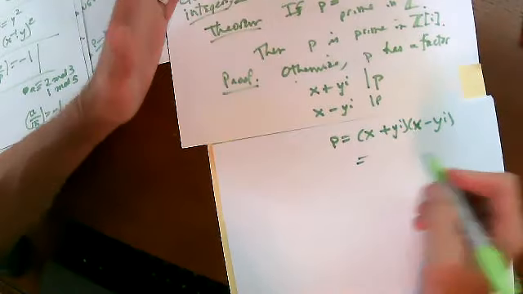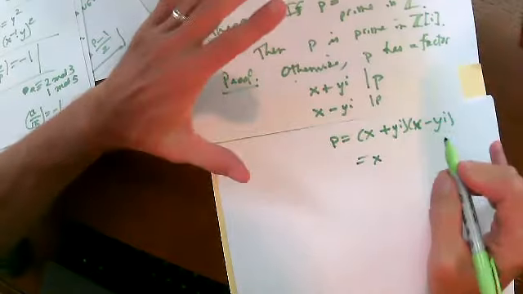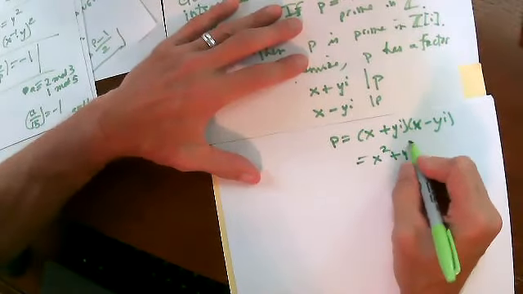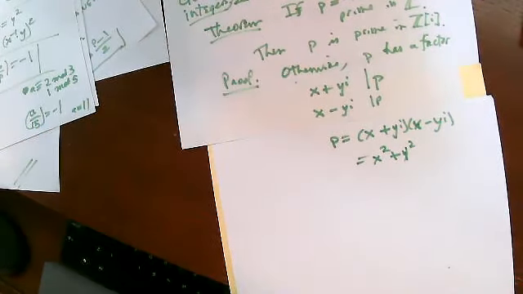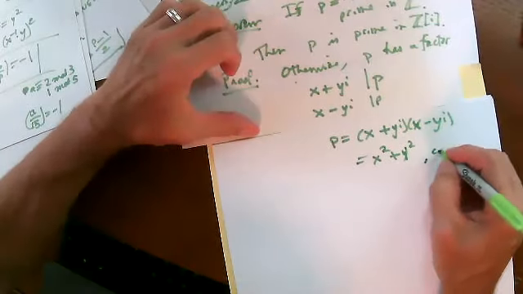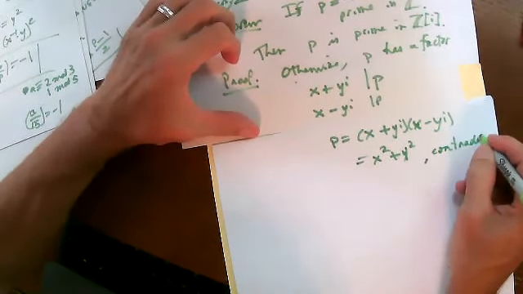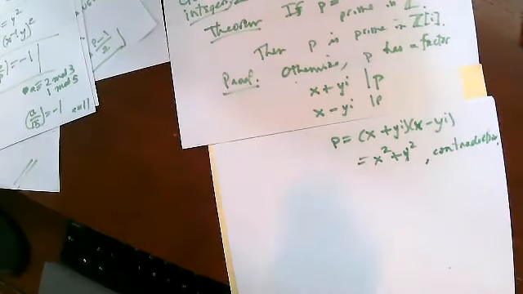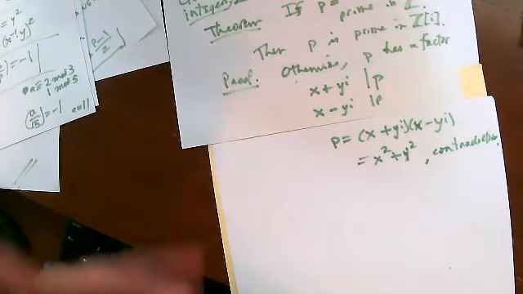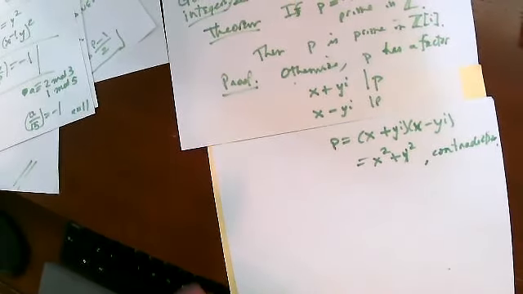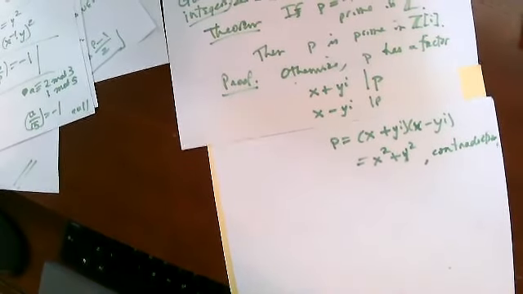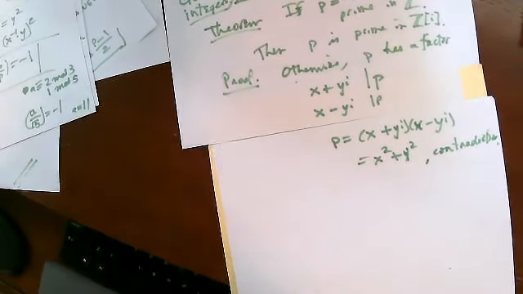And of course, if you expand all this out, now you have just two integers, x and y, with p equaling the sum of their squares. And as we've already shown, that's a contradiction. So the primes that are 1 less than a multiple of 4, the ordinary primes, stay prime in the ring of Gaussian integers. So 3 is a prime among the Gaussian integers, so is 7, so is 11.